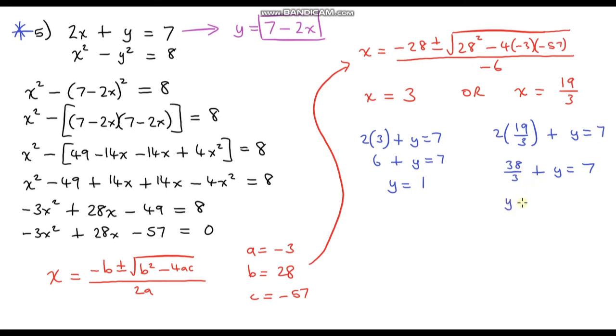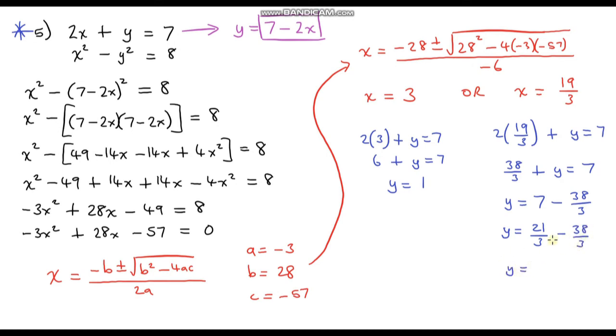So y is equal to 7 minus 38 over 3. Although this is a calculator question, I think I can do this without a calculator. Let's convert 7 into a fraction that has a denominator of 3. So 7 is the same as 21 over 3. So it's 21 over 3 minus 38 over 3.